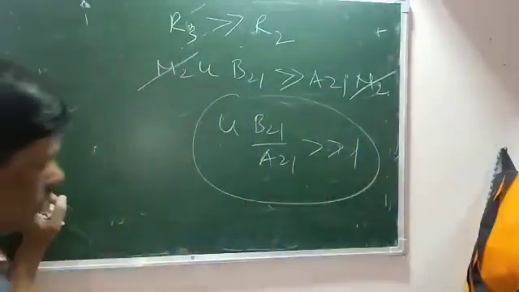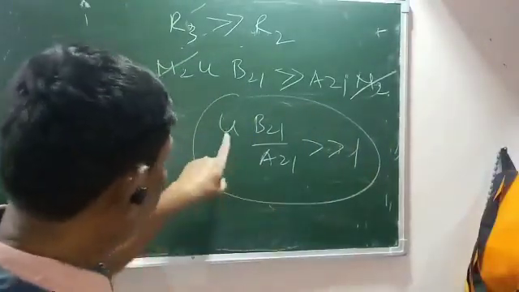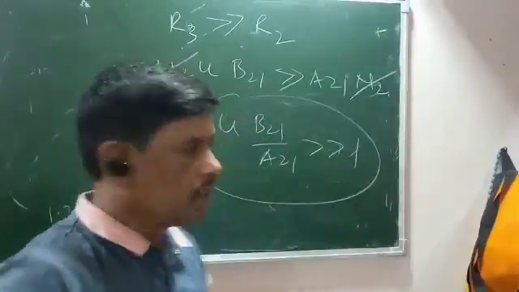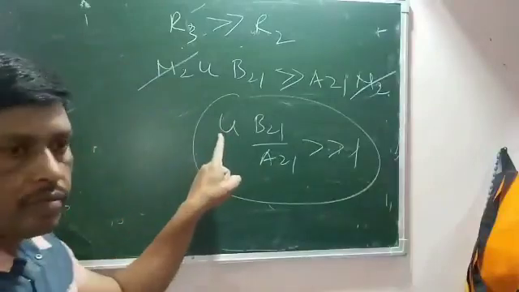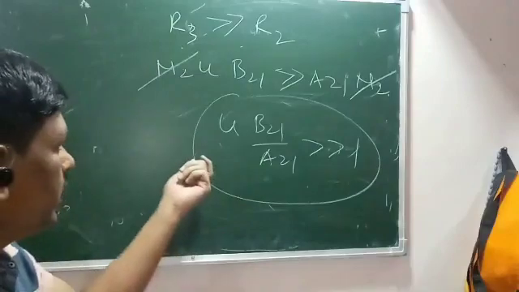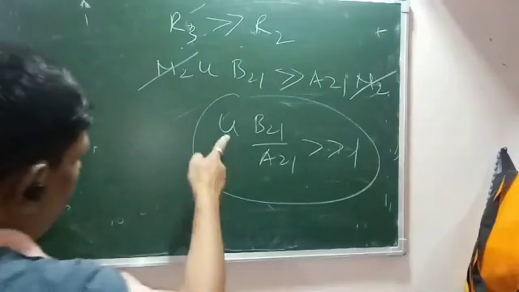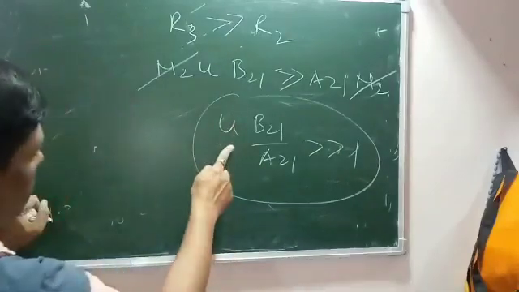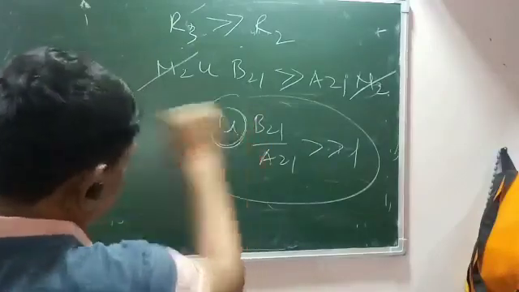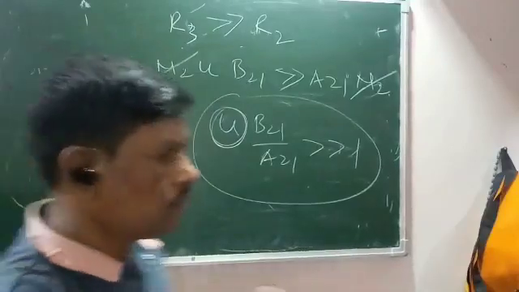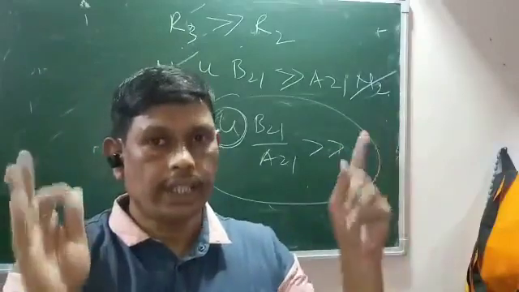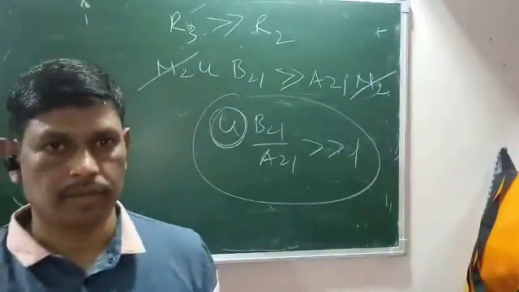Let us look at this inequality. The ratio U B21 by A21 should be greater than 1. U is the energy density of the external environment. To maximize the value of U, meaning the energy density, we should arrange a resonant cavity in the laser system.